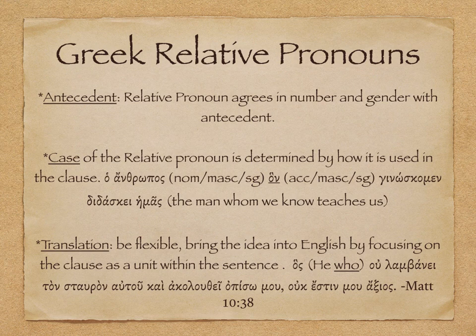Translation. We need to be flexible. Bring the idea into English by focusing on the clause as a unit within the sentence. Hos ou lambanei ton stauron autou kai akolouthei opiso mou ouk estin mou axios.